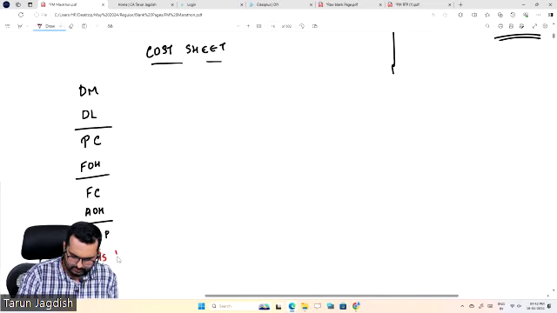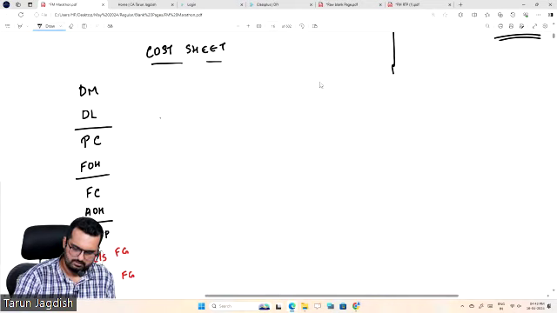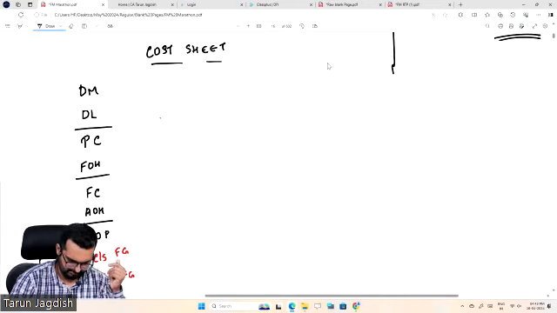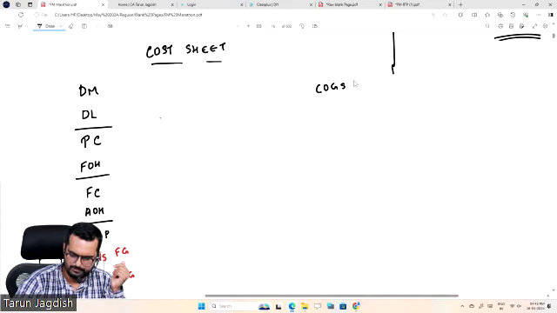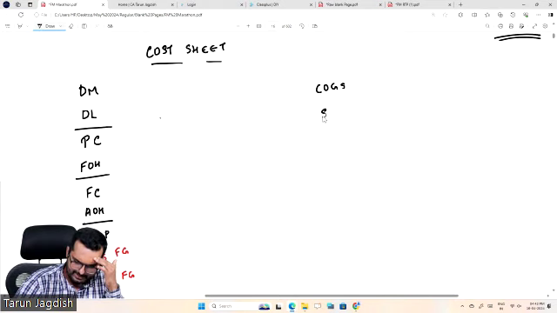Here you will go and do what? Add closing stock of finished goods less opening stock of finished goods. Once we do that, then you call it as multiple terms. I call it as cost of goods sold. From cost of goods sold, then what will happen? You will add selling overhead.